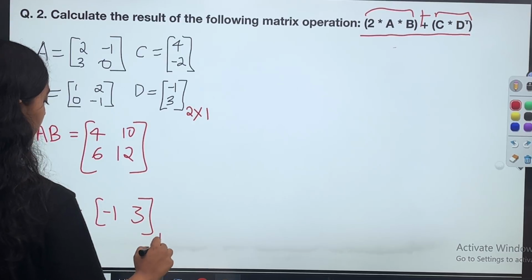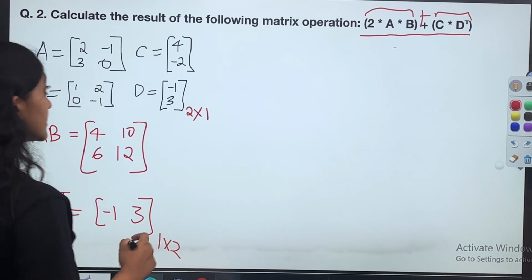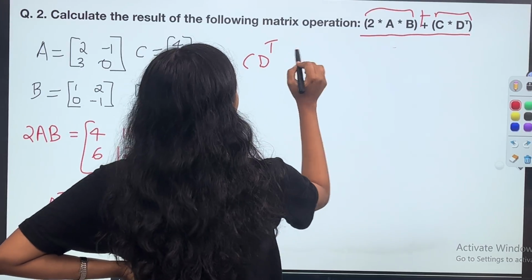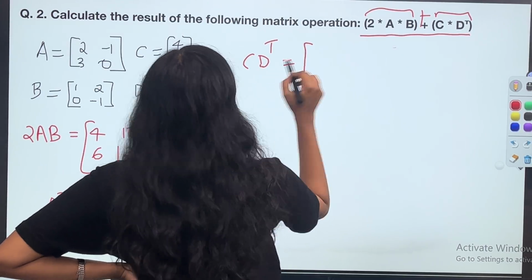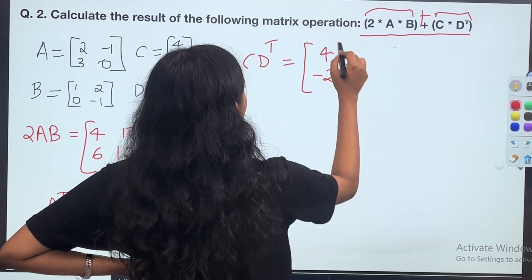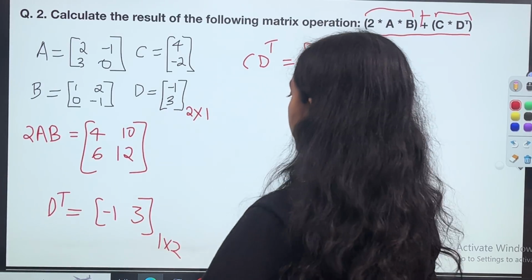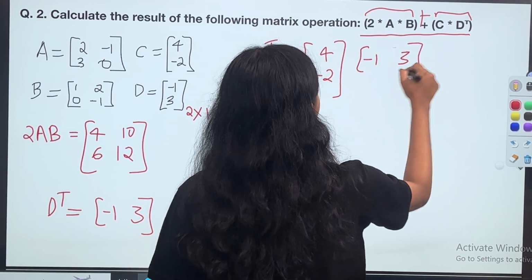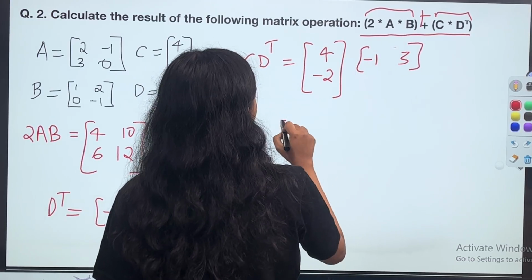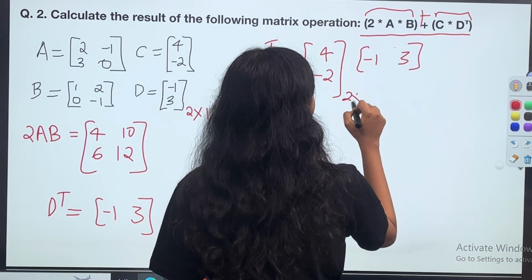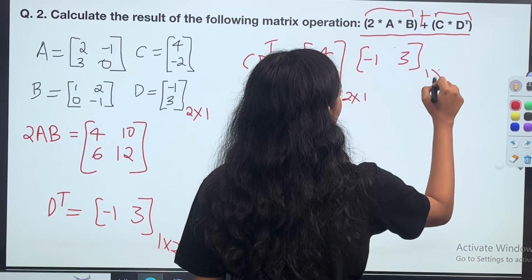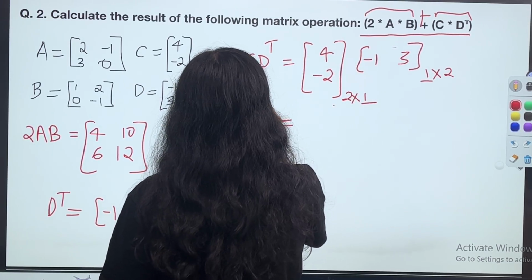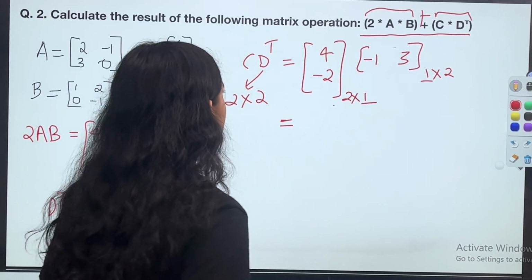CD transpose will be equal to 4, minus 2, minus 1, 3. Correct? So here it is 2 into 1, here it is 1 into 2. So 1, 1, therefore you will get a 2 into 2 matrix as the expected result.